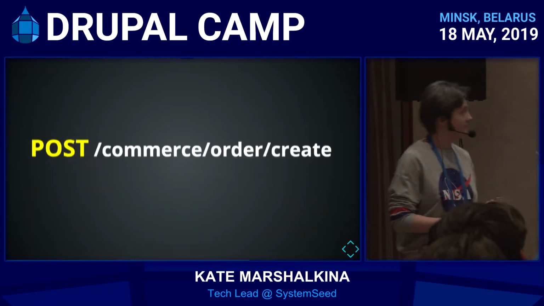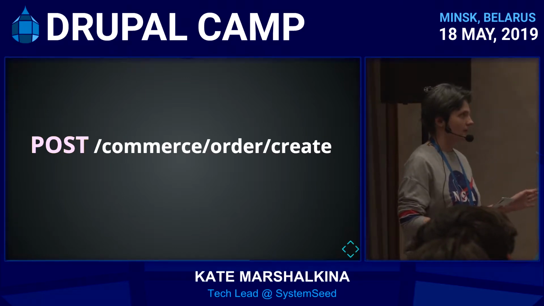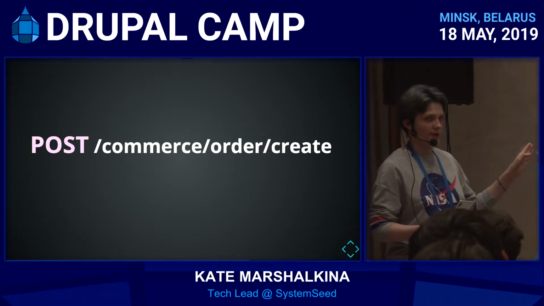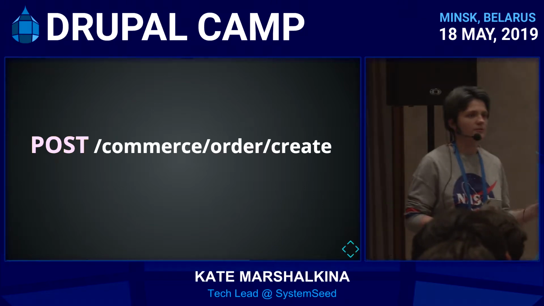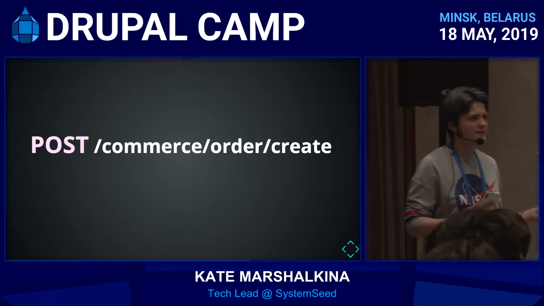What it is, is a simple, one API endpoint module. You throw everything that you know about your order at this API endpoint, and it will do the rest. It will create the order, users, fields, order items.